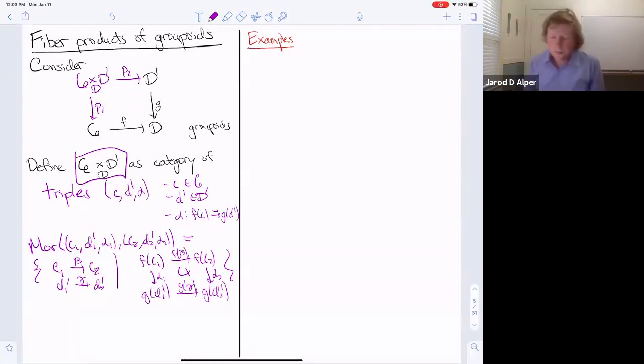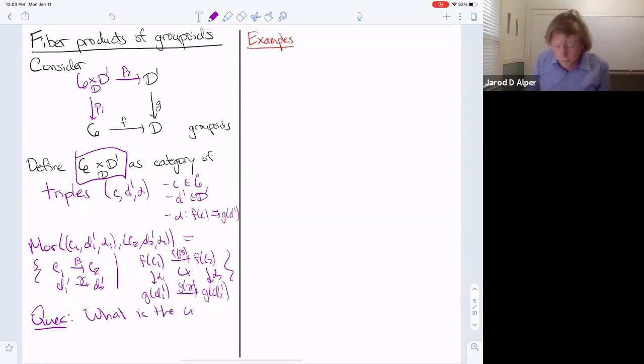And in this case, I would urge you to try to think about what is the universal property. I'll spell out a universal property in the case of prestacks in a moment, but I would urge you to try to think about what it should satisfy, because there's a lot here.